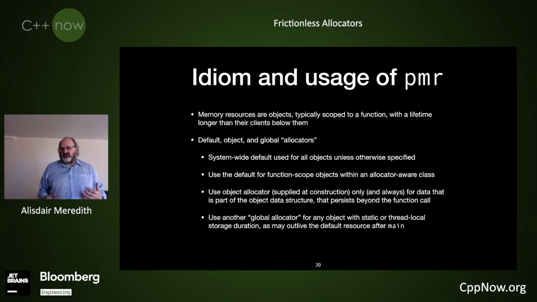So the default is, if it's not a part of the data structure, even if it's called from within a member function in your object, you want to use the default allocator, not the object allocator. And if you know it's going to be very long-term storage, like a static data member, a static object within your function, in those cases you would directly go to a global allocator like the new delete allocator, or a similar custom global allocator you've written yourself.